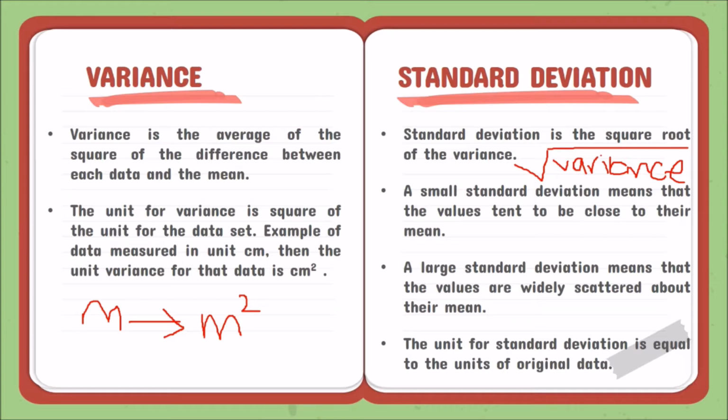A small standard deviation means that the values tend to be close to their mean, and a large standard deviation means that the values are widely scattered about their mean. The unit for standard deviation is equal to the unit of the original data.